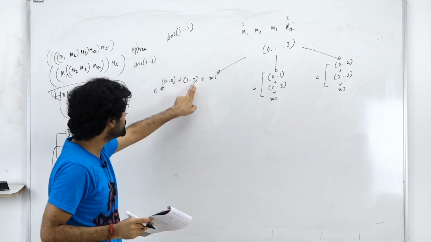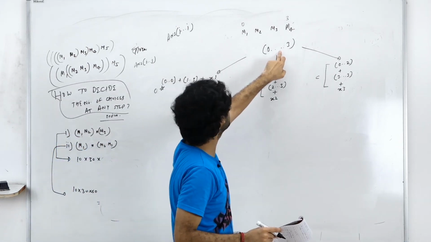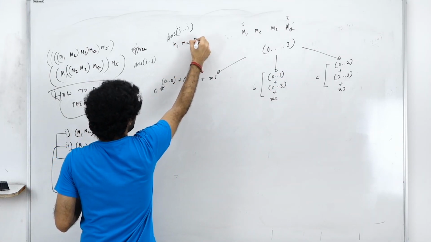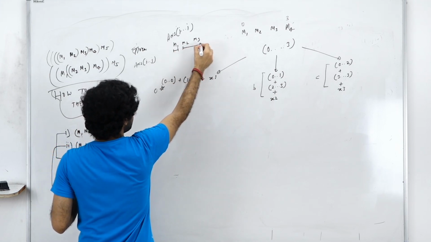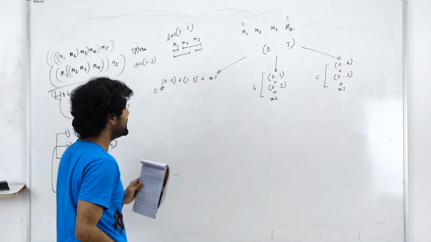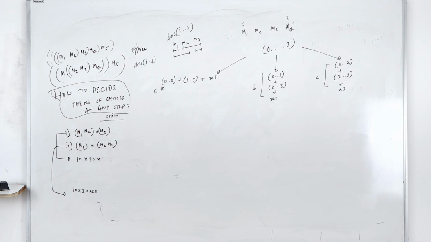Okay, what will you do here? Here you will do the same thing which you did here. So you have matrix 1, matrix 2, matrix 3. How many partitions can be done? This is the first style. This is the second style. Did you follow me here? Right?